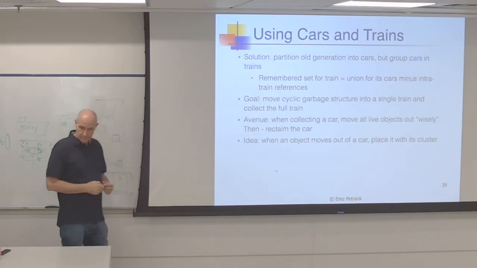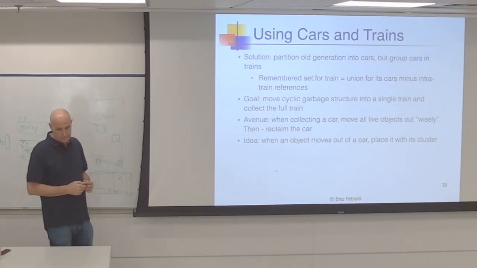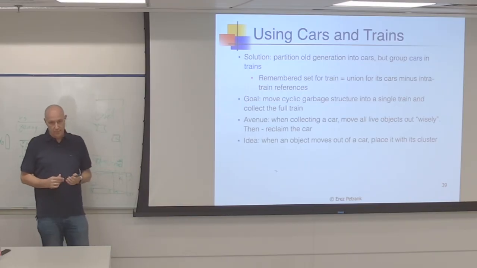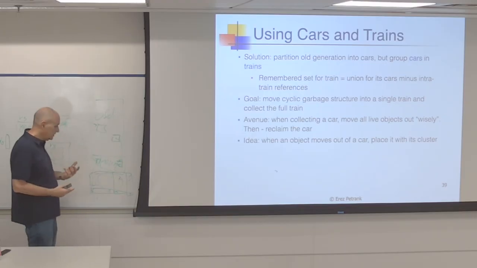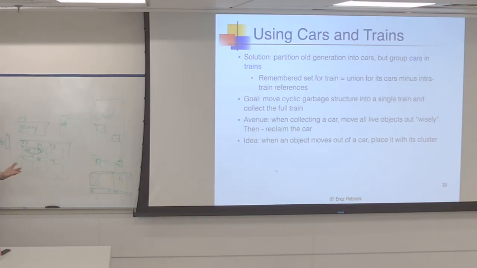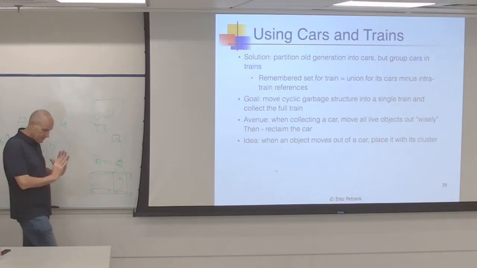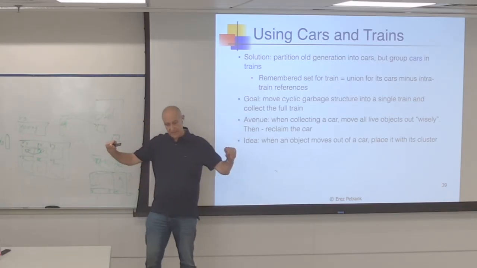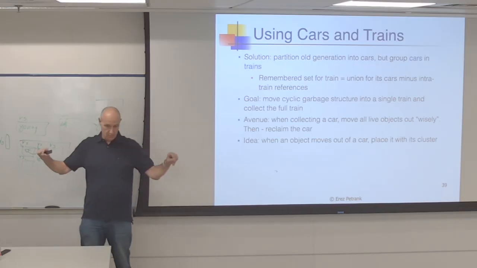Why does everything else need to be out of the train for us to be able to reclaim it? The way I will work is that I will just free the car. So, in general, first, whatever way I work, I want to identify that there is a strongly connected component.